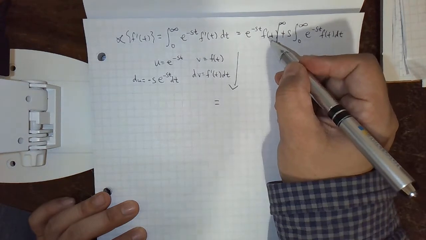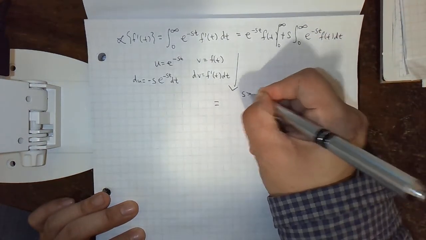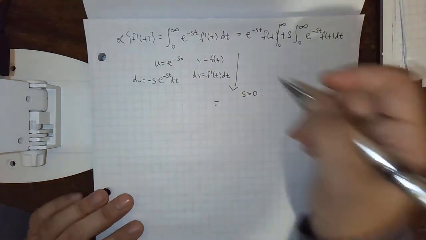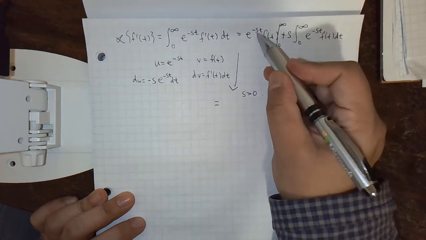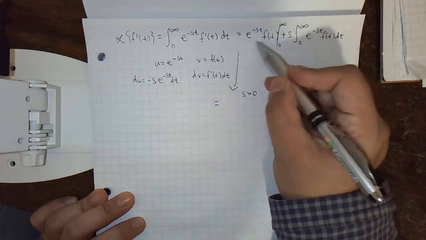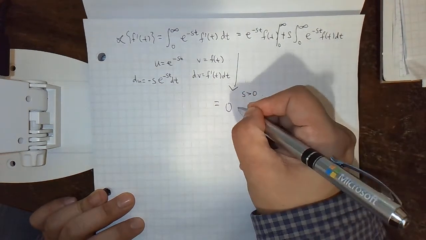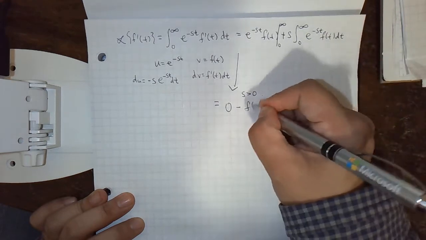Over here, we need s to be greater than 0 for the improper integral to be defined, otherwise it diverges. And when s is greater than 0, then this part, as t goes to infinity, goes to 0. So we have 0 minus, and then we put in 0 for t, we get f of 0.